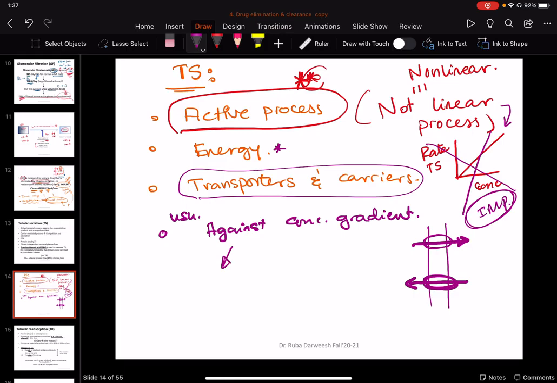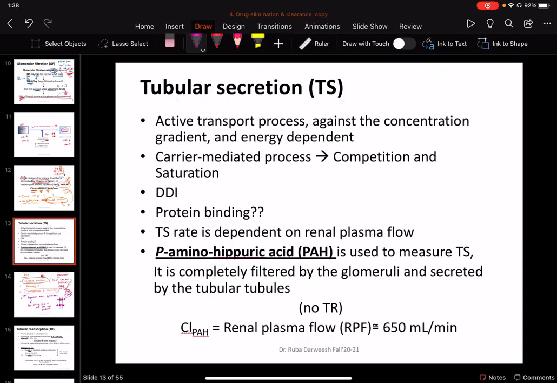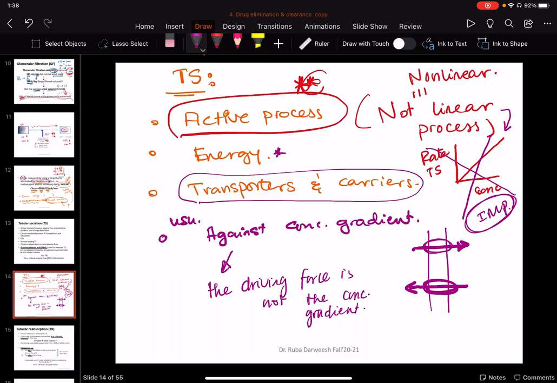So we usually say the driving force is not the concentration gradient. It depends on the need of each side of the membrane. As we mentioned, it includes transporters or carriers, which means that we have competition.